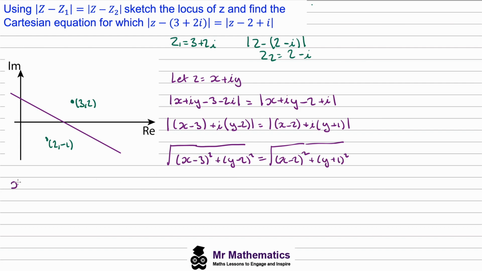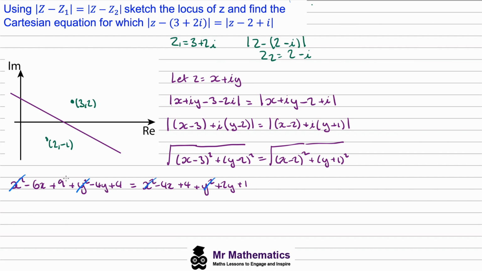So we've got x squared minus 6x plus 9 plus the y squared minus 4y plus 4. This will equal x squared minus 4x plus 4 plus y squared plus 2y plus 1. And then you can see this x squared will cancel with this one, and this y squared will cancel with this one.